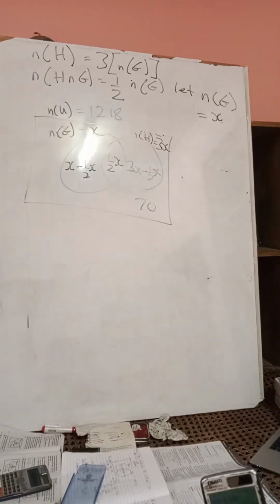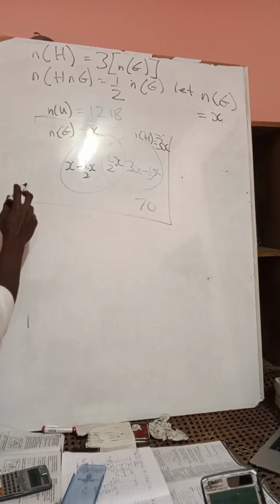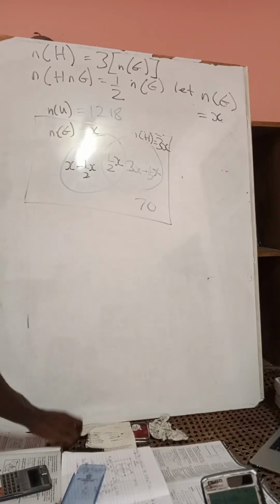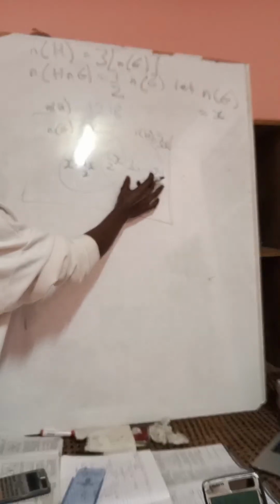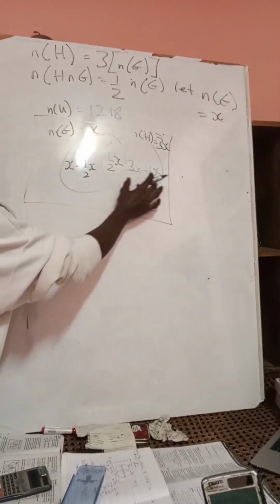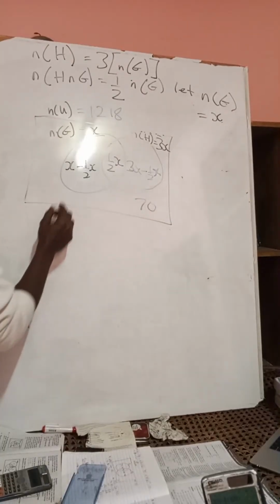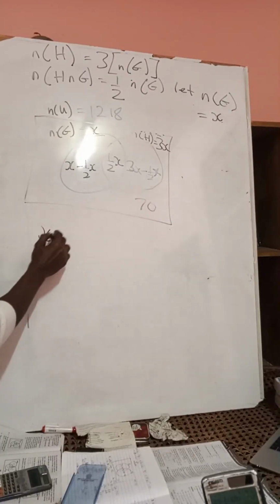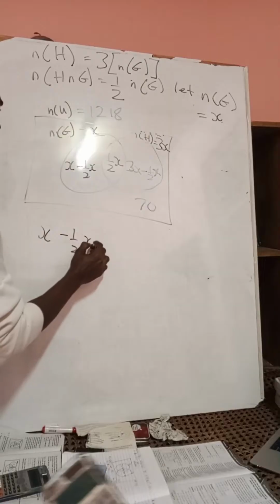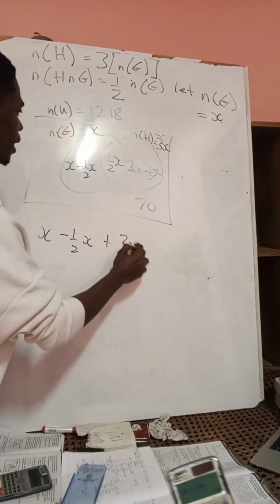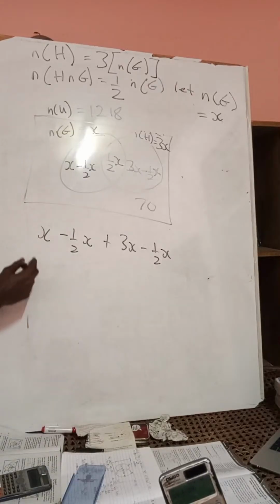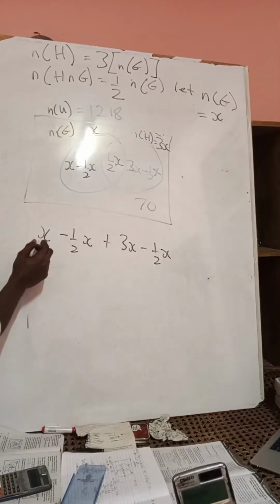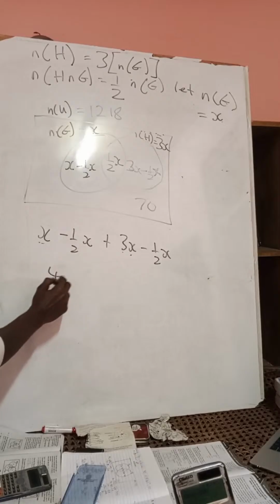Okay, so here we are looking for only exactly one. Exactly one means we are going to talk about the first region and the third region. Which means it will be x minus half x plus 3x minus half x. Let's solve it out. So x plus 3x is 4x.